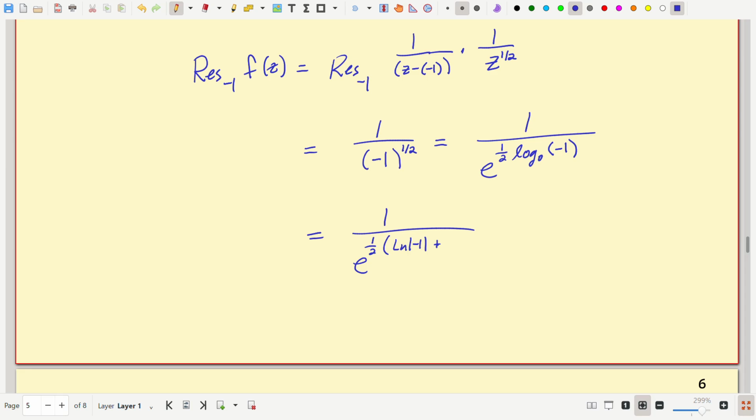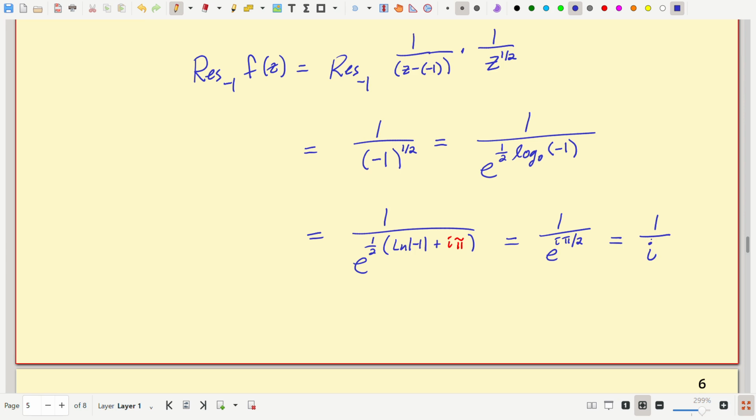The angle is going from 0 to 2 pi, and on the negative real axis, that's i pi. So it's critical to have the branch right there. That's equal to 1 over e to the i pi over 2, and e to the i pi over 2 is i. So that residue is a very easy calculation. Questions about that residue?